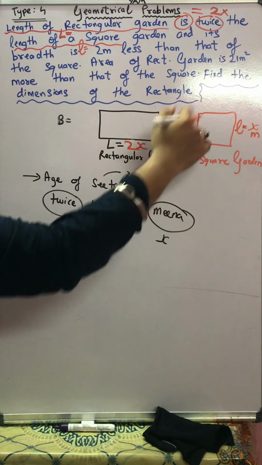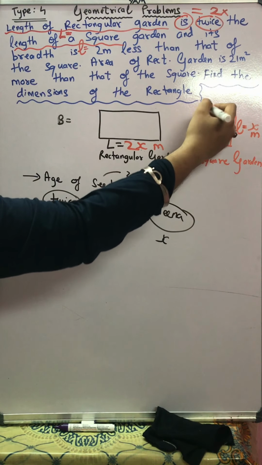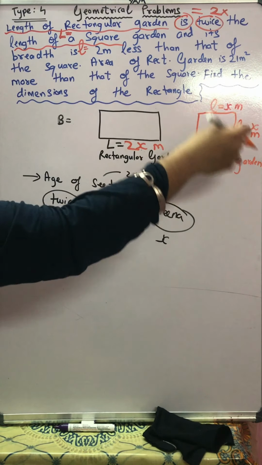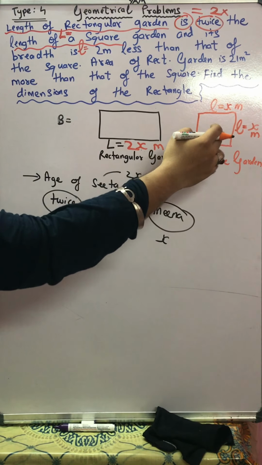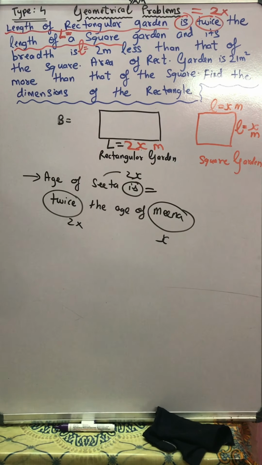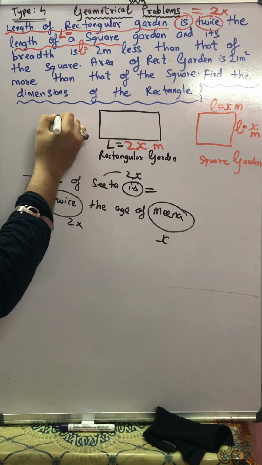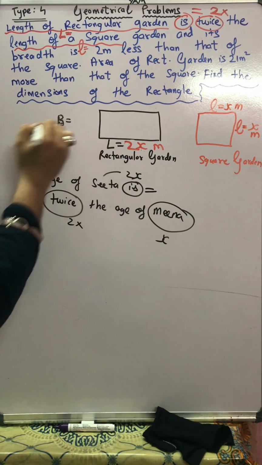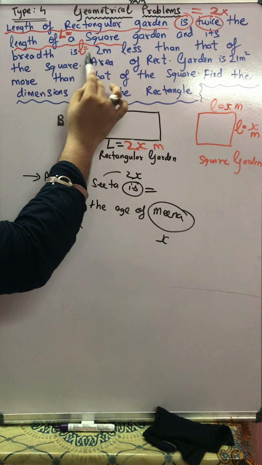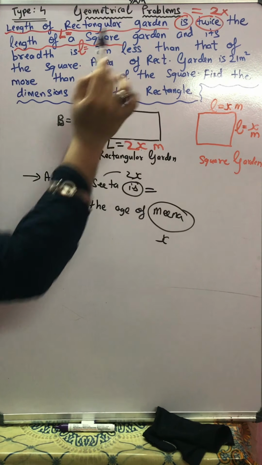No, because in a square all sides are equal. So here the length and breadth, all sides, are equal, which is x meters. But here the breadth, capital B, will be different. The breadth is 2 meters less.